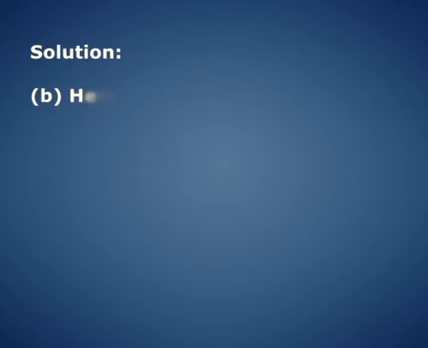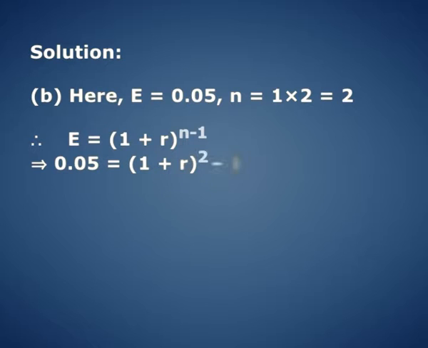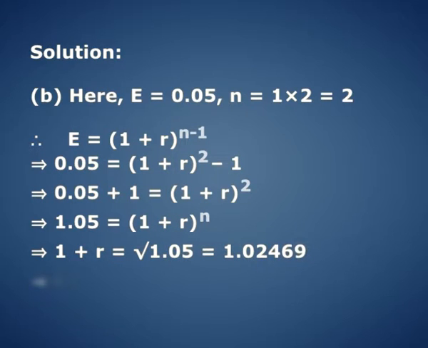The second part to the solution, E is equal to 0.05 here, N is equal to 1 into 2, that is 2. So capital E is going to be (1 plus r) to the power n minus 1. So we see that E is already given as 0.05. We can equate that. So that is equal to (1 plus r) square minus 1. So that gives us 0.05 plus 1, which is equal to (1 plus r) square.